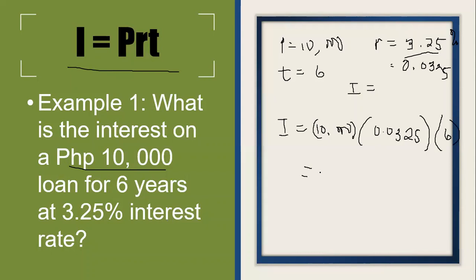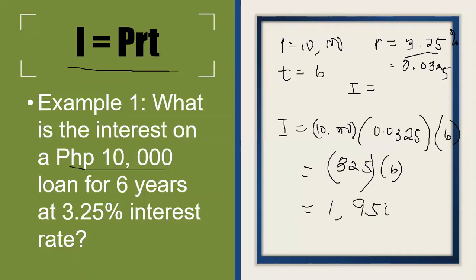So 10,000 times 0.0325 gives us 325, times 6. So we have 1,950.